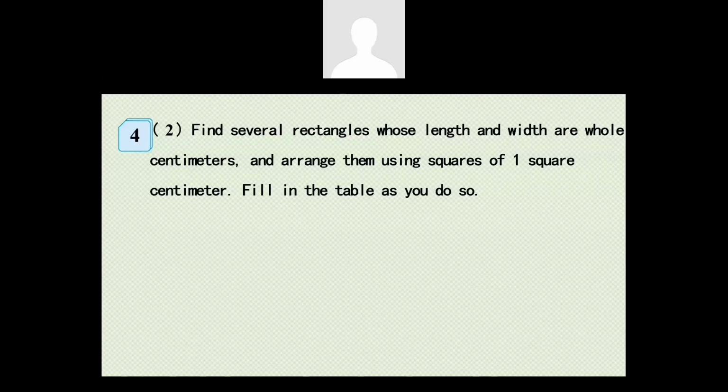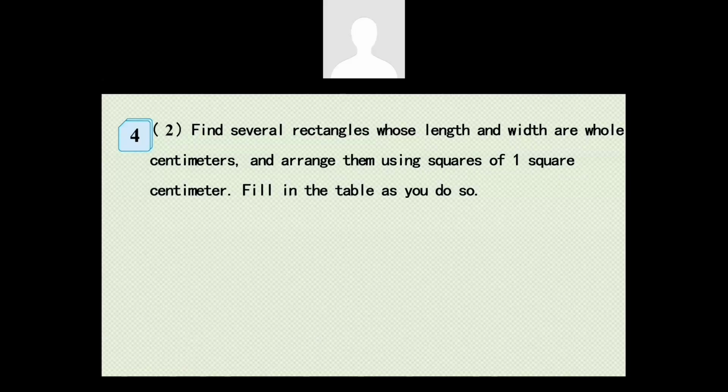Now, we don't look at only one rectangle. We will test several rectangles with whole number length and width.